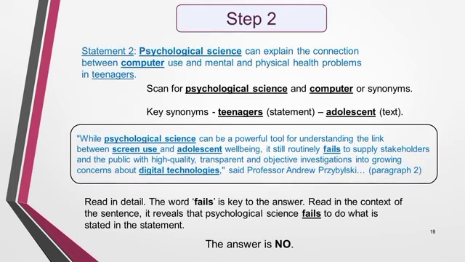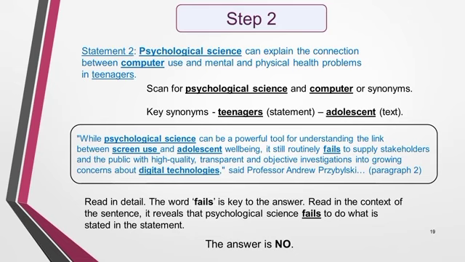Next, I read the second statement and decide to scan for psychological science and computer, again watching out for synonyms, especially for computer, for which there are several possibilities. I continue scanning from the location of the last answer. Remember, the information will come in order in the text. Psychological science is at the beginning of the second paragraph, so this looks like the right section of the text for the answer.